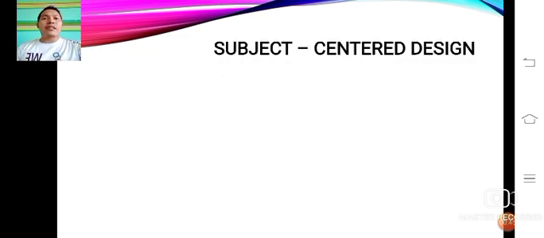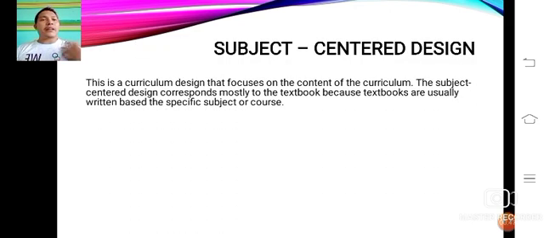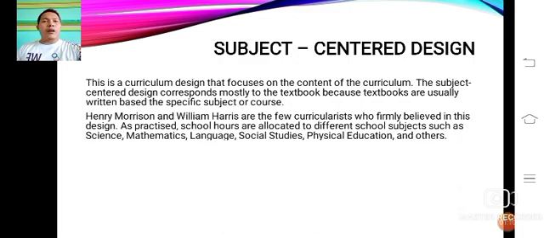Subject-centered design focuses on the content of the curriculum. It corresponds mostly to the textbook, because textbooks are usually written based on a specific subject and course. We also have two curriculists who believed in this subject-centered design, Henry Morrison and William Harris.